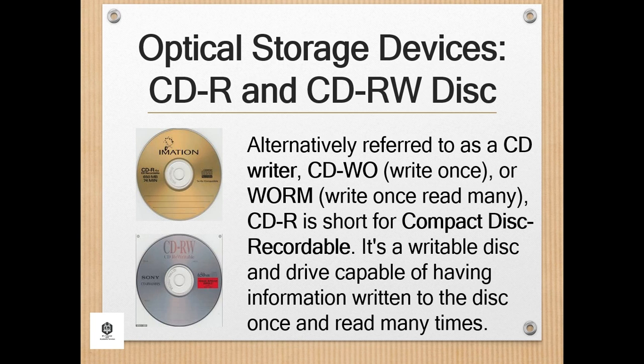CD-Rs are a low-cost solution for backing up software and only cost a few cents, as of 2018 around 19 cents a disk, and can hold up to 700 MB. Although these are still a very popular solution for backing up data, more users are turning to DVD-R, USB thumb drives, and the cloud to back up and transfer data.